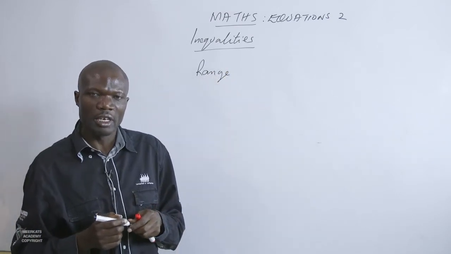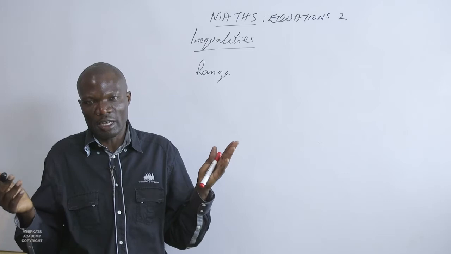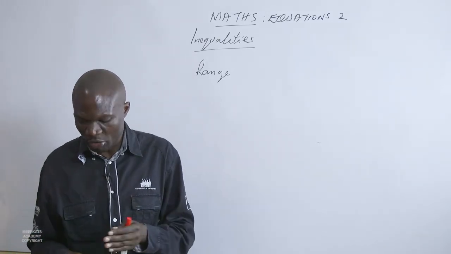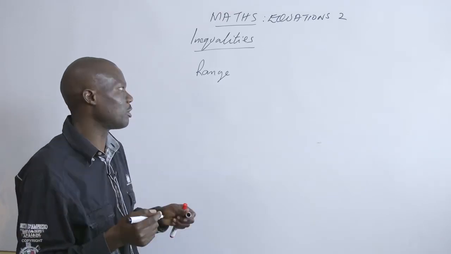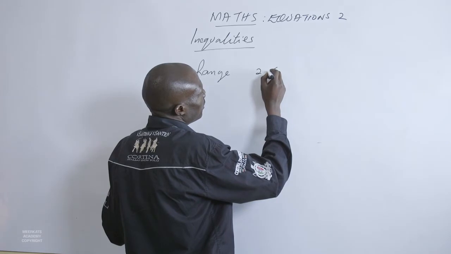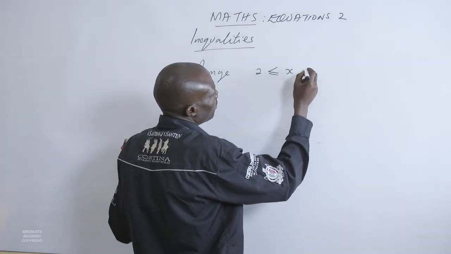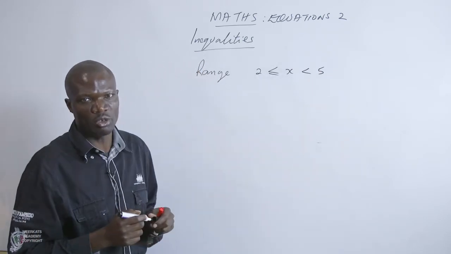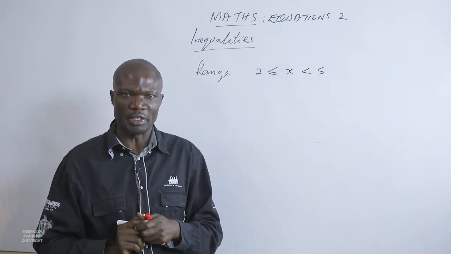A range can be represented on a number line by clearly showing the open or the closed endpoints. We had, for example, 2 is less than or equal to x, which is less than 5. That one is showing a range.